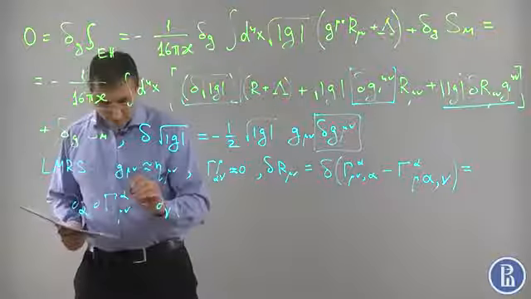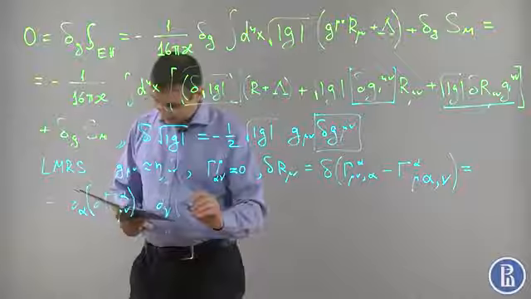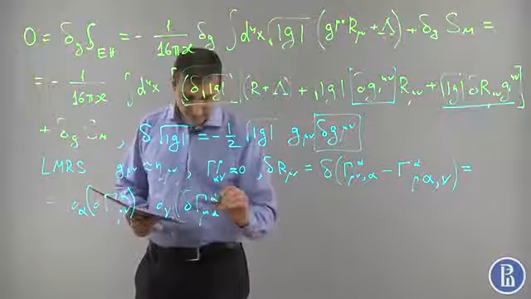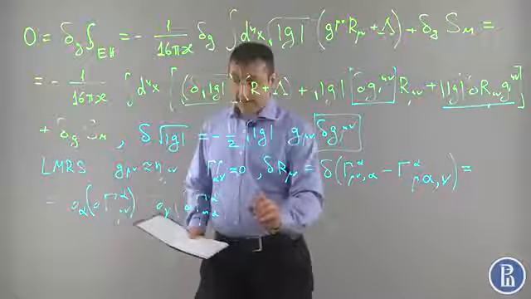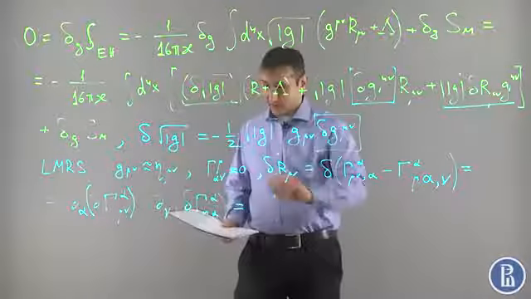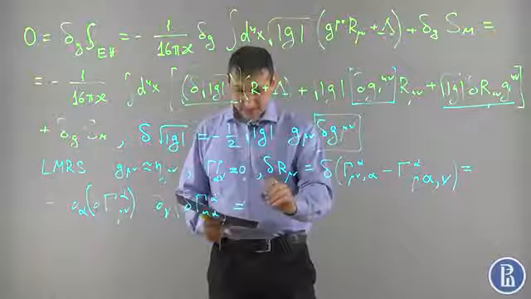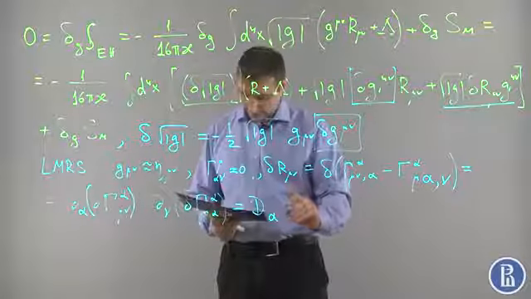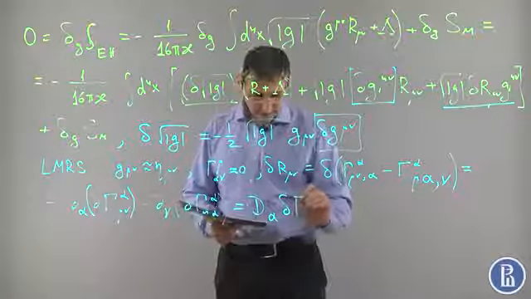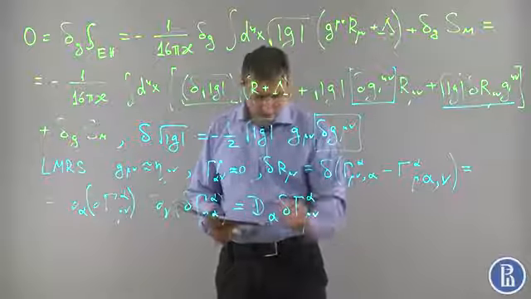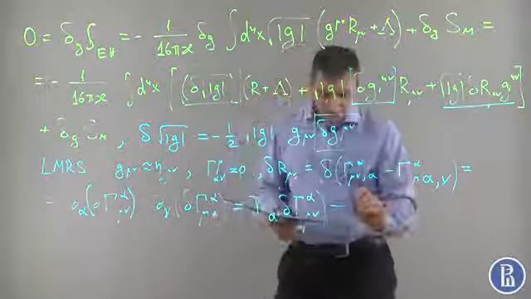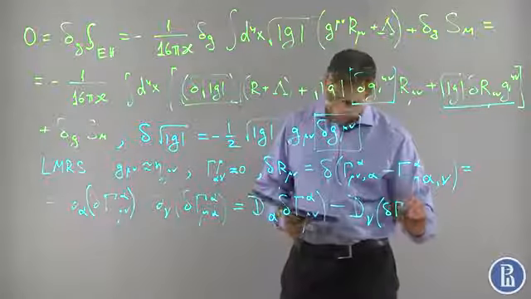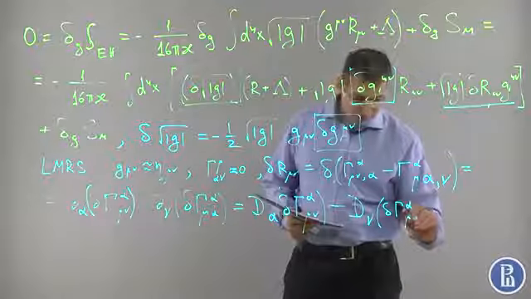And in the locally Minkowskian reference frame, this is equal to the covariant derivative ∇_α of δΓ^α_μν, minus ∇_ν of δΓ^α_μα.